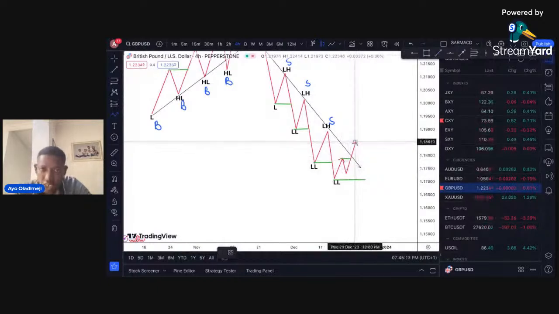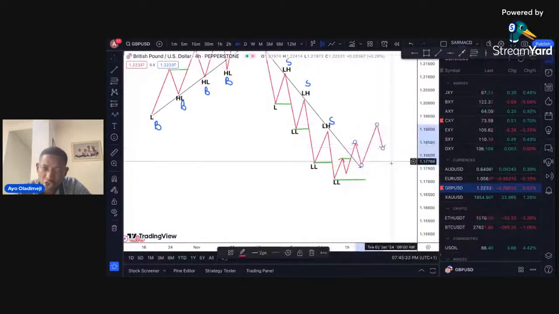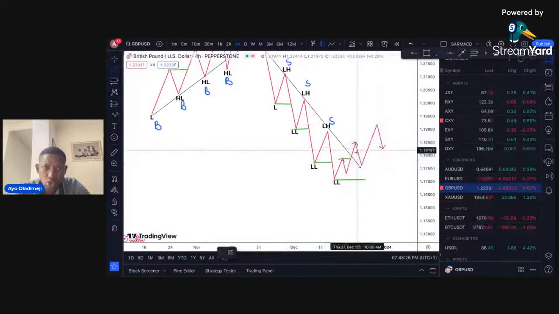It's going to come back and give us a correction, and then it's going to go up. So there has been a change in the trend. So you can see, once price fails to break a low, and then it comes, we call this flip.